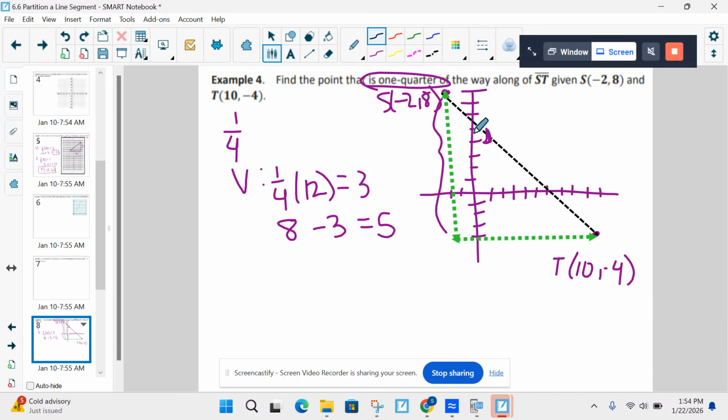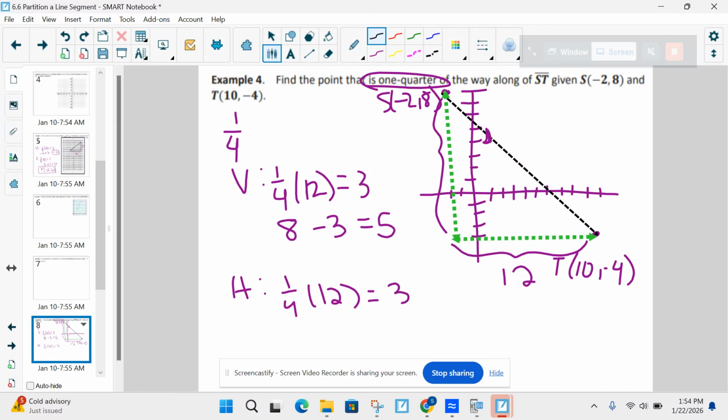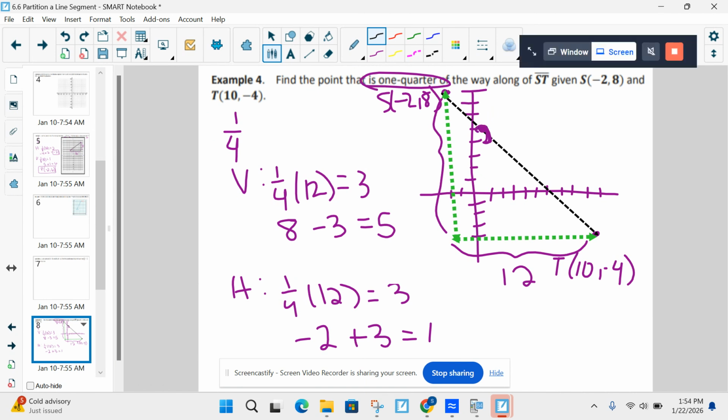And then you would go over. Over how many? Well, this distance is also 12. So for the horizontal distance, 1/4 of 12 is also 3. And if my x value is at negative 2 and I add 3 to it, then we get 1. So down 3, over 3 would land us at the point 1, 5.